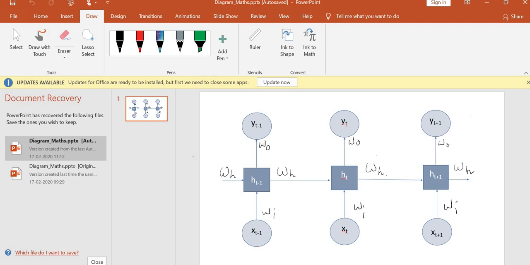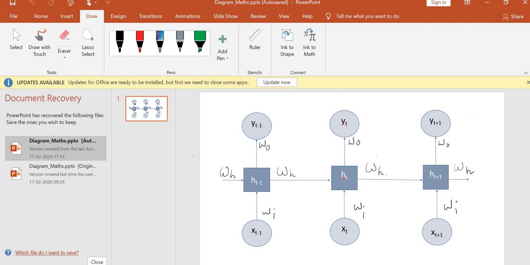Even the biases bi and bo are the same, though I didn't show them in the picture. That is the characteristic of a recurrent neural network. The parameters are shared: see Wh and bh coming to h(t), the hidden layer. So the information from the successor is shared. That's the architecture.